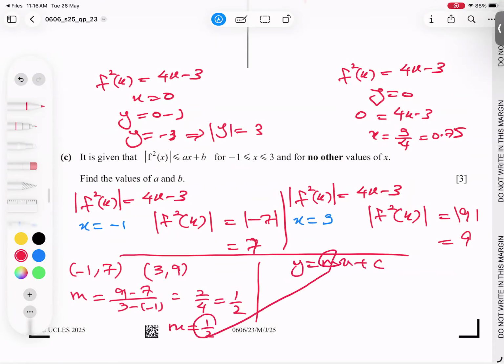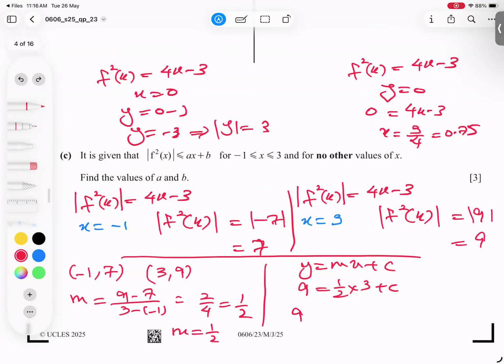The m value is this, and I will take any one coordinate, either this one or this one. I take 3, 9. This 3 by 2 goes there, and 9 minus 3 by 2. 2 nines are 18. Out of 18, 3 gone. Out of 18, 15. 15 over 2. So the c value is 15 over 2.